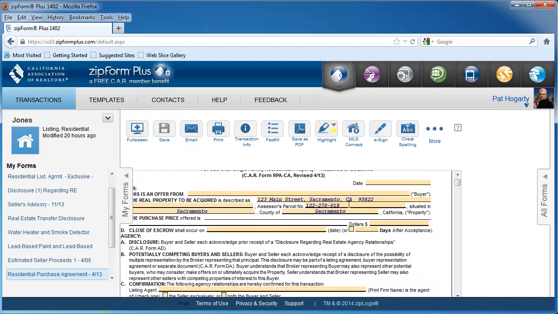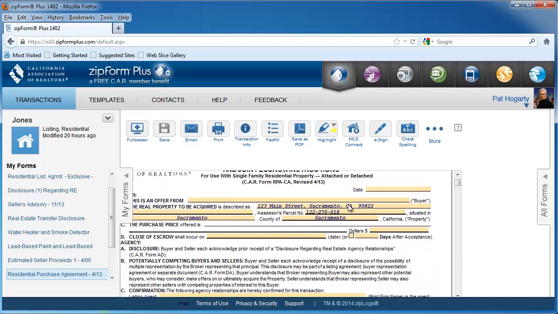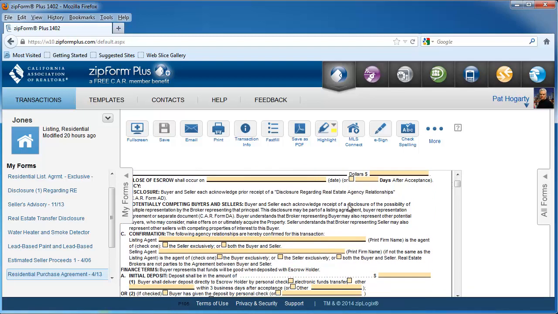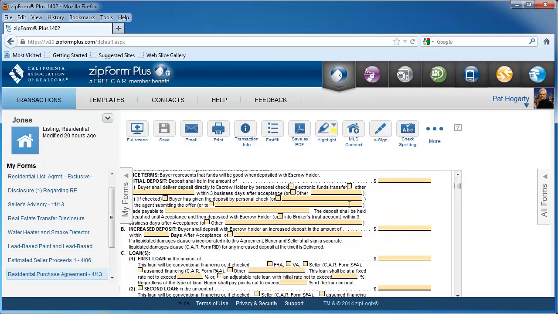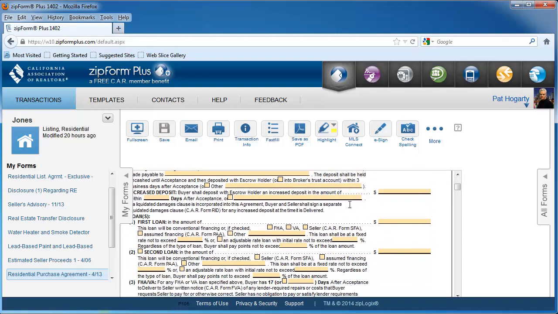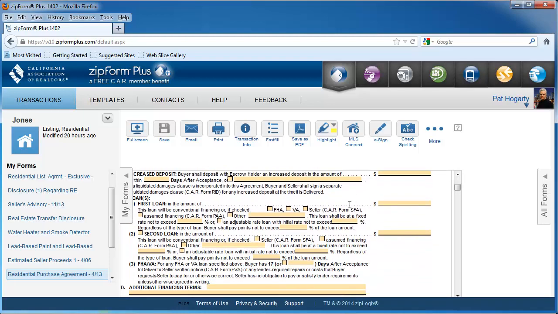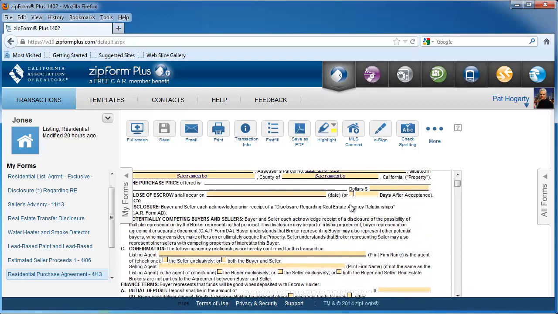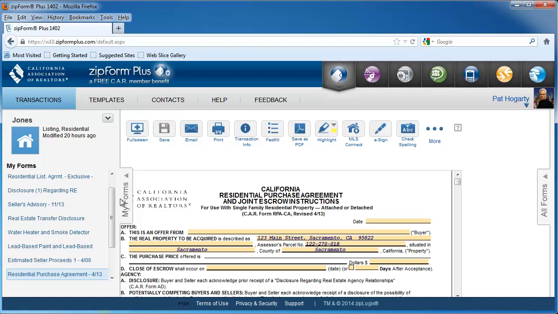And so you see we don't really have a lot of information here. We have the information that came from when we put in the individual property, the listing side, but we don't have things down here about the kind of loan that the buyer is going to obtain, or any other additional financing terms or inspections. None of that is in here right now because we just haven't put it in.